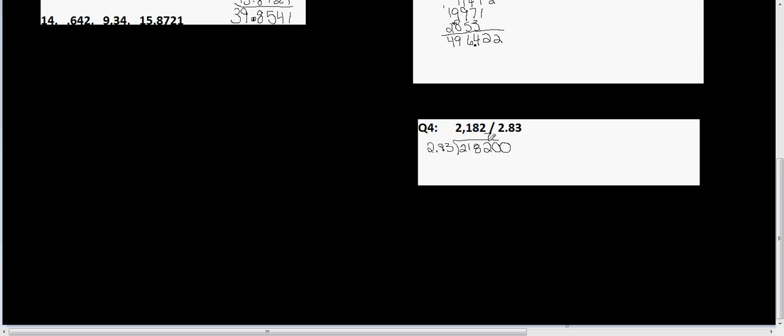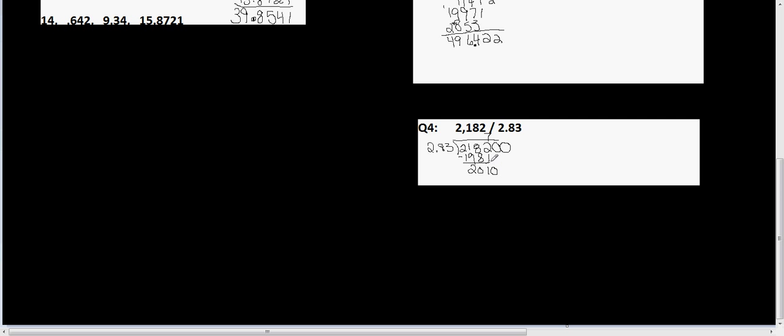So line that up on top of the 2. 7 times 283 is 1981. Subtract that from 2182 and you're going to get 201. Okay, 283 can't go into 201, so you're going to have to drop a 0 down here.